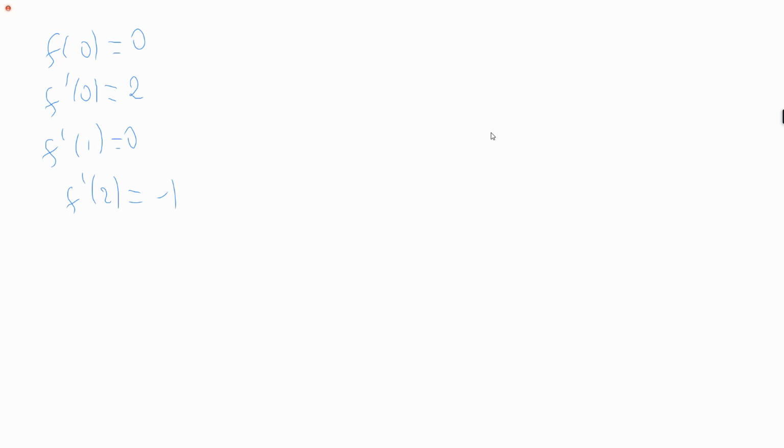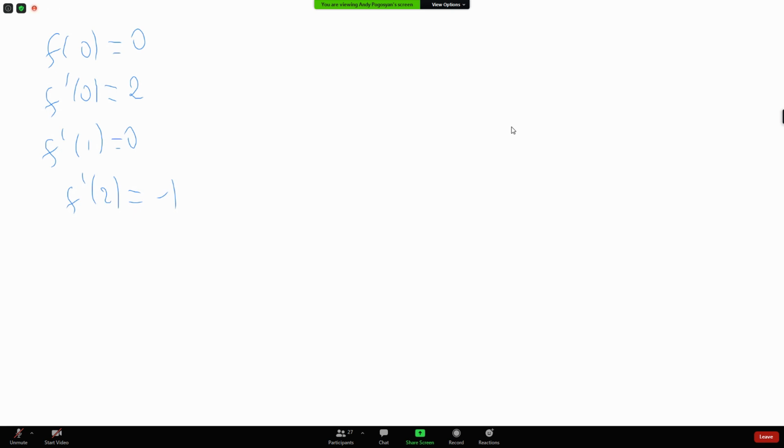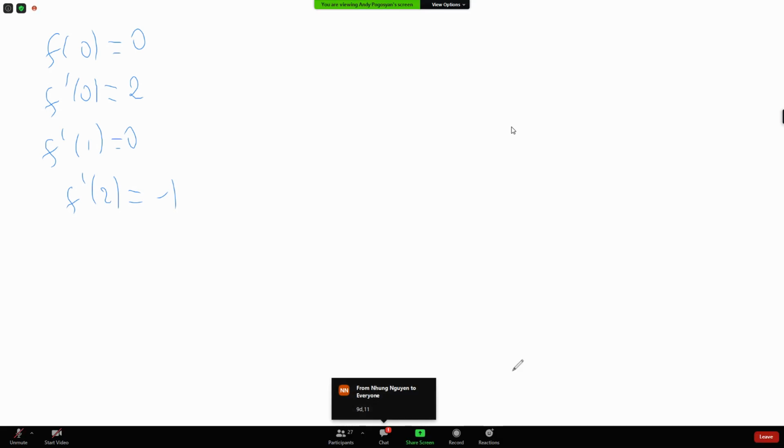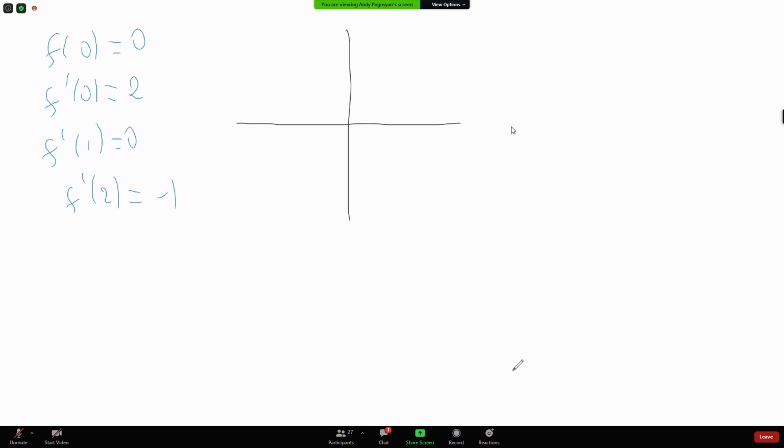So for the number line, at 0, first of all, f at 0 is 0. Nothing else we have.